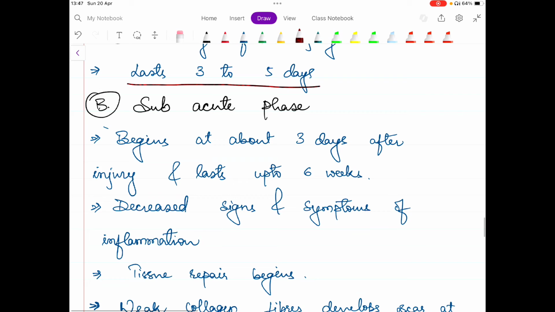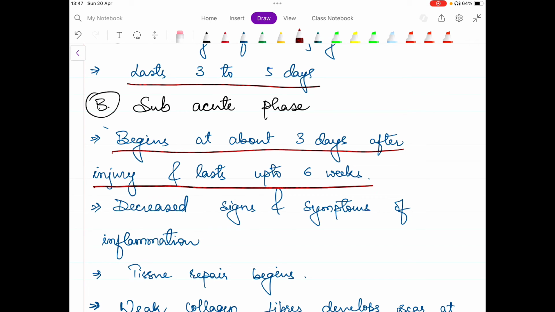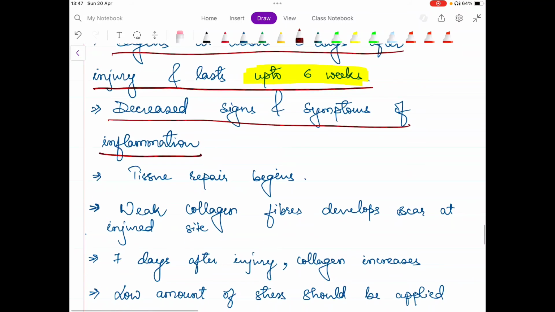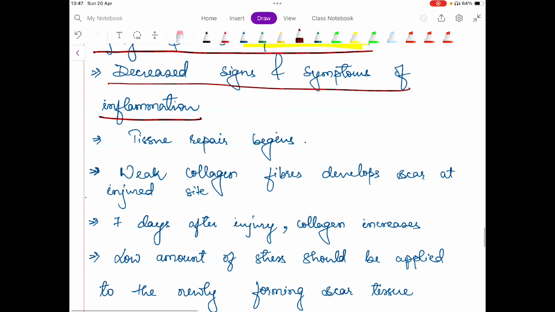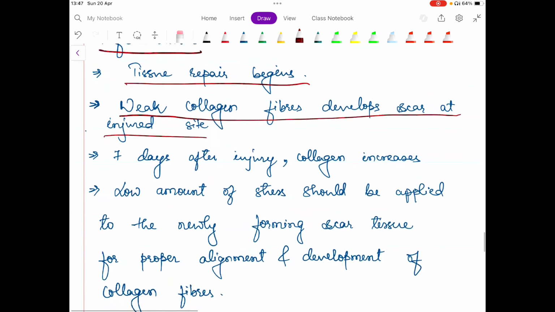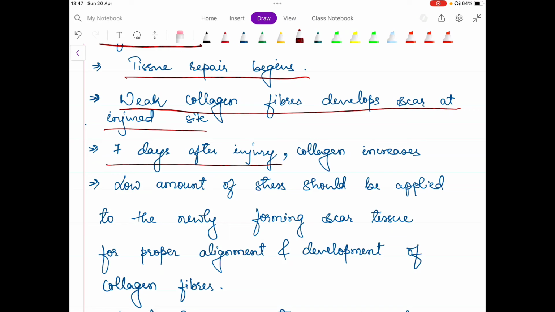Then there is the subacute phase, which begins at about 3 days after the injury and lasts up to 6 weeks. There are decreased signs and symptoms of inflammation, that is the cardinal signs and symptoms, and in this phase tissue repair begins. The weak collagen fibers develop scars at the injured site, and from 7 days after injury collagen increases.